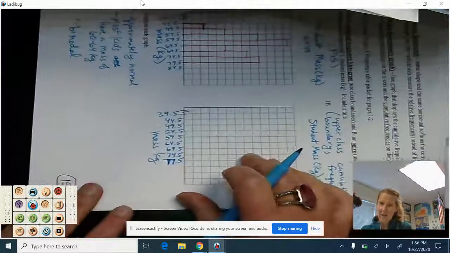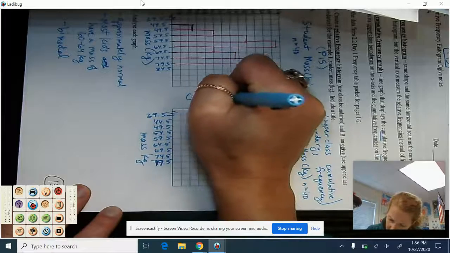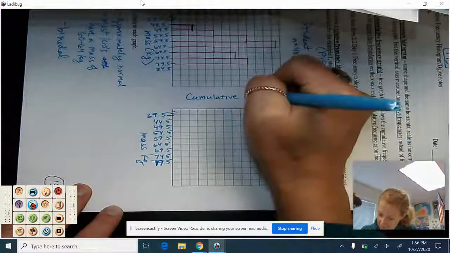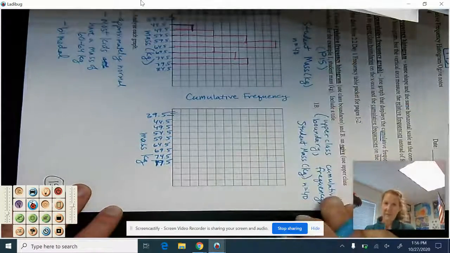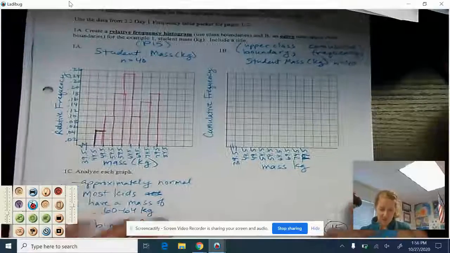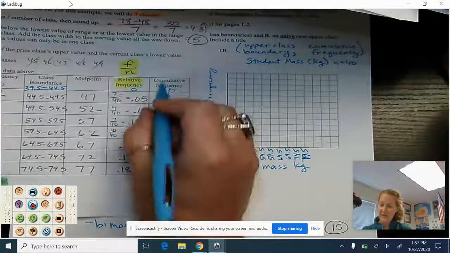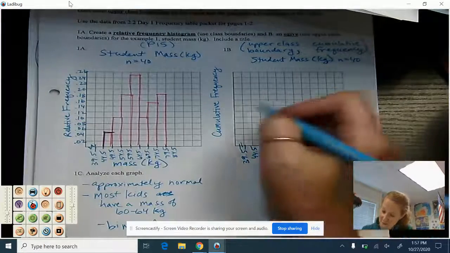Okay, and now on the y-axis, I'm going to put my cumulative frequencies. If you look at the cumulative frequency, we're going all the way up to 40. So now I'm looking at this particular column. Since I want to go to 40, I'm just going to go by 5.